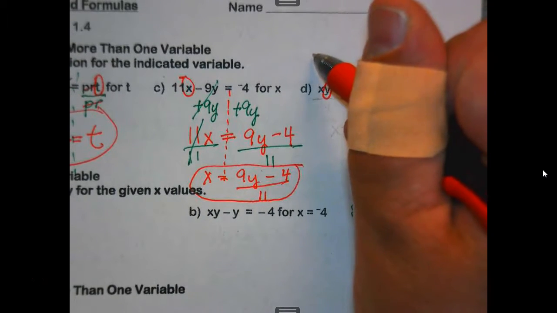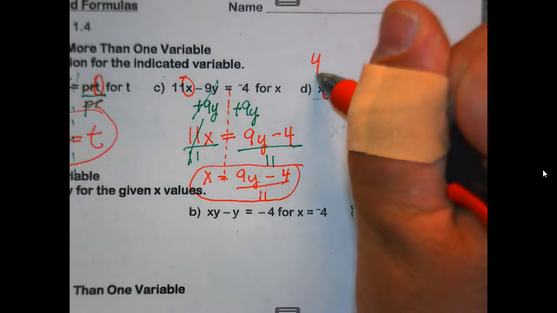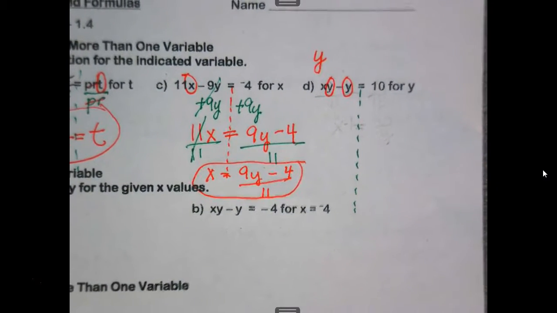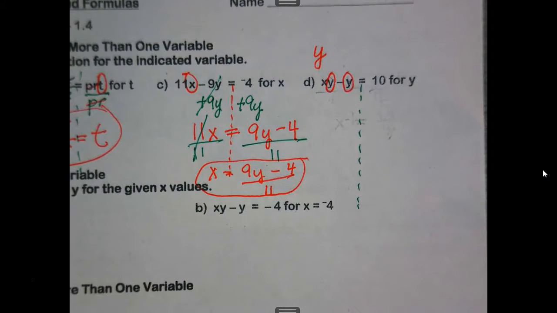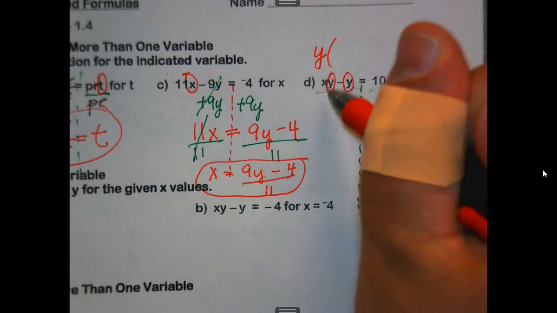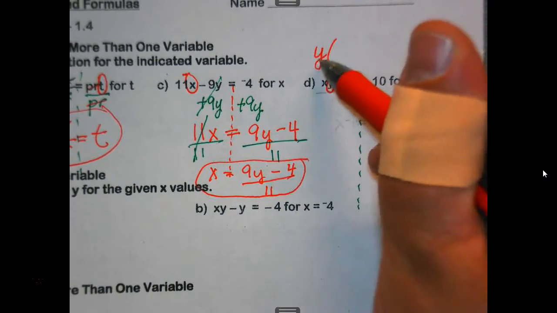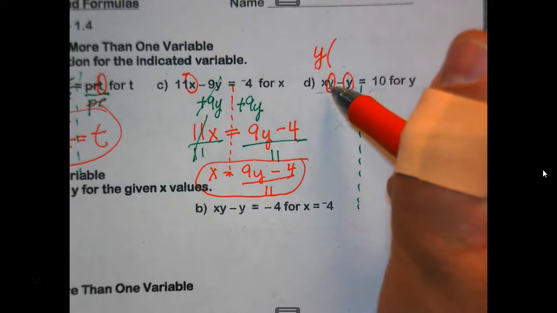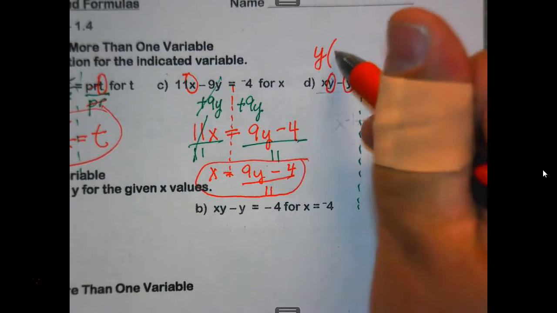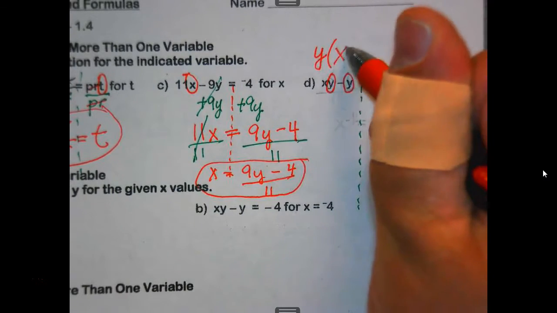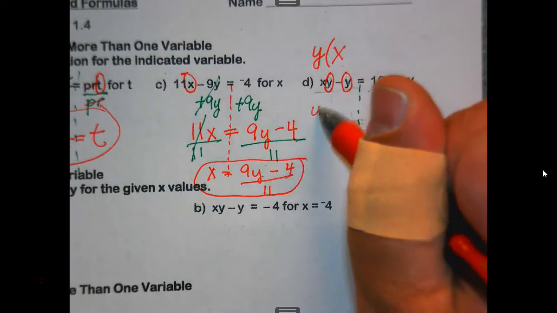What if I take a common factor of y out of this term and this term? So I'm going to divide both of those by y. What do I have left when I take xy divided by y? X. So I'm going to do it down here.